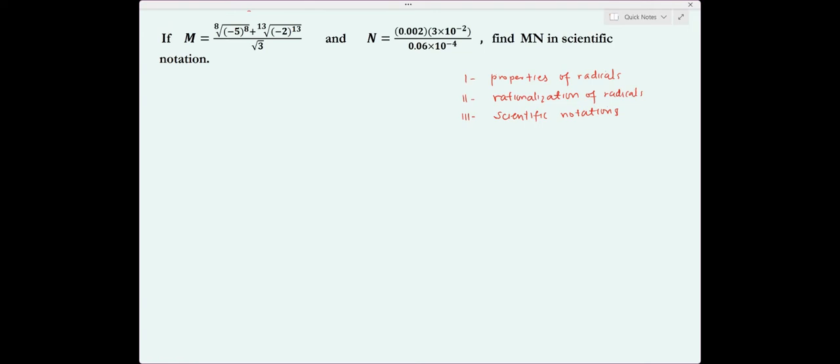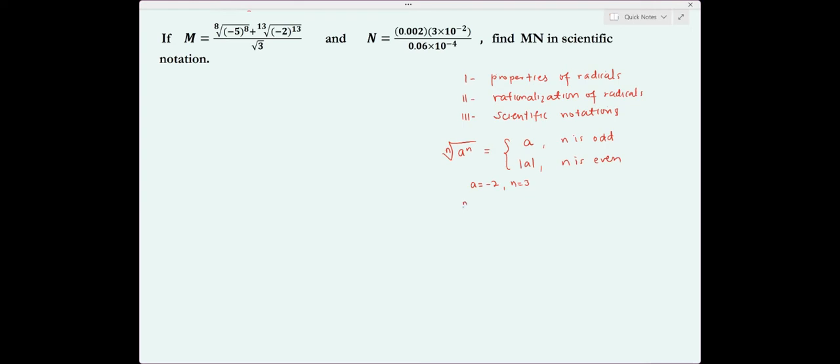Now, just a quick one. If we have properties of radicals, the nth root of a to the power n is a if n is odd, and it is the absolute value of a if n is even. As a quick example, take a to be minus 2 and n to be 3.